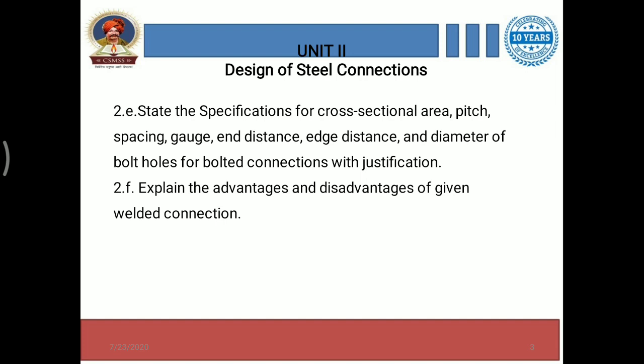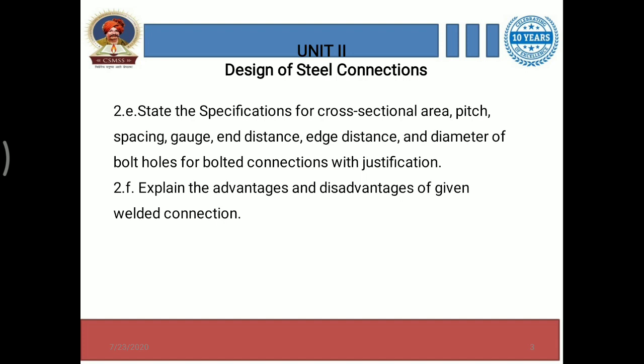The two steel members may be connected by bolts, rivets, or weld. But nowadays, use of rivets is generally avoided because of some disadvantages.